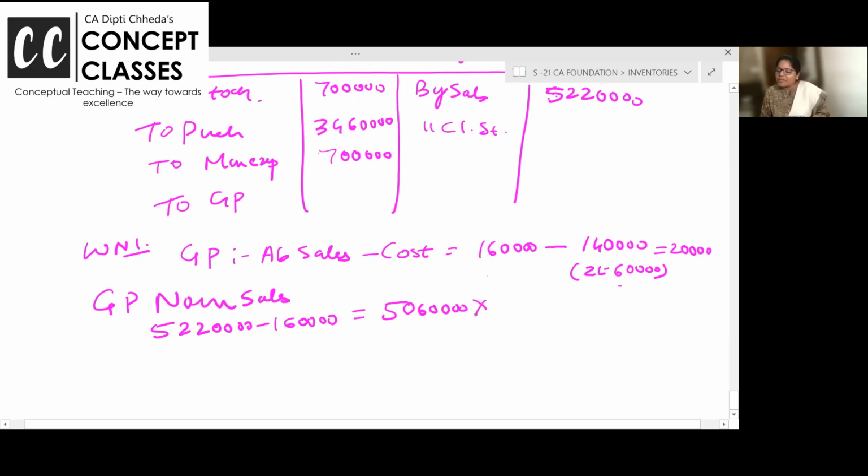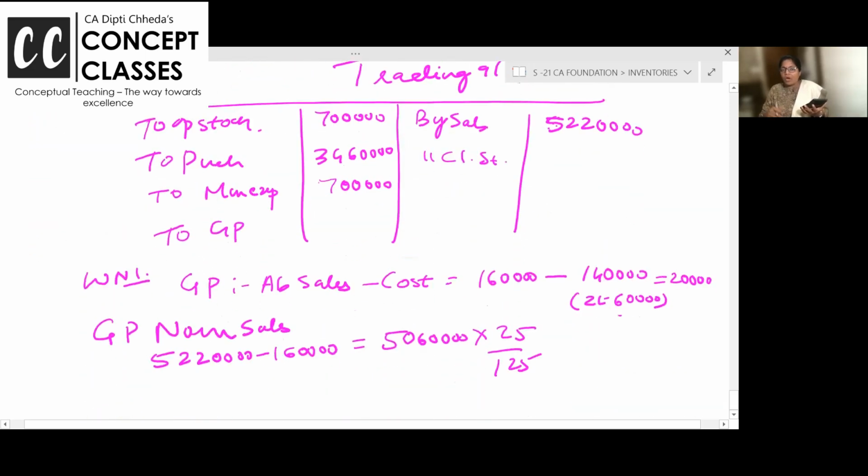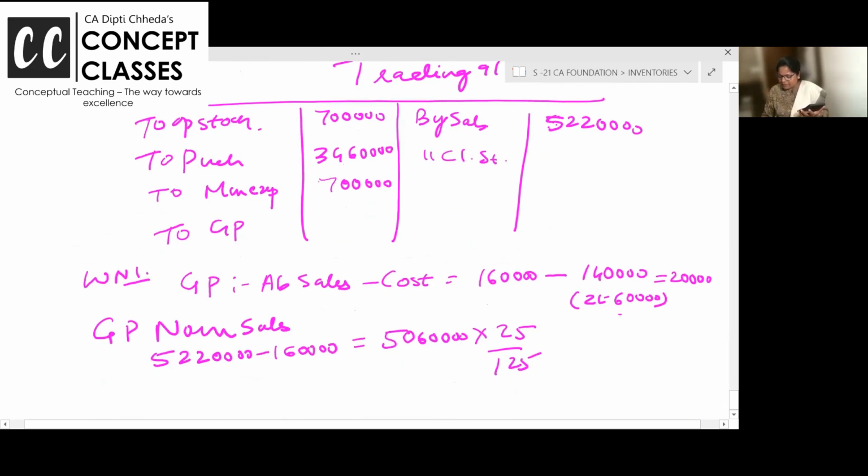In that, how much is the GP? Into 25 over 125. Equation, I hope clear. On cost it is 25, so on selling price it will be 125. Into 25 divided by 125 gives 10,12,000.